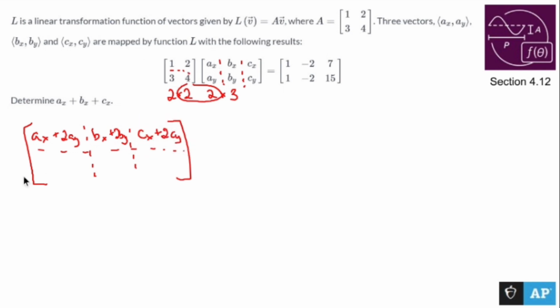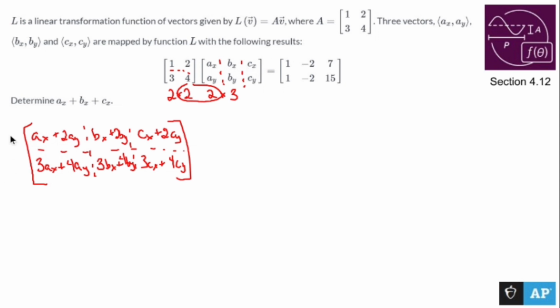All right. 3 times a sub x is 3a sub x plus 4 times a sub y is 4 times a sub y. 3 times b sub x is 3b sub x plus 4 times b sub y is 4b sub y. And then 3 times c sub x is 3c sub x plus 4 times c sub y is 4c sub y. My job is to find out what AX plus BX plus CX is.